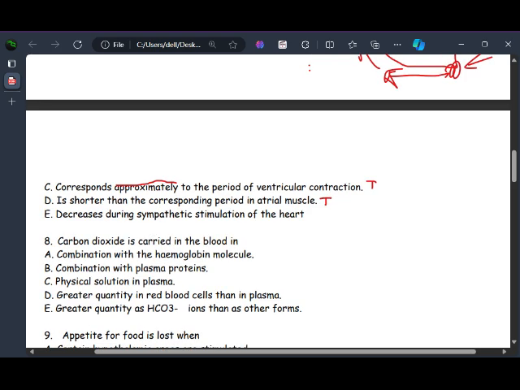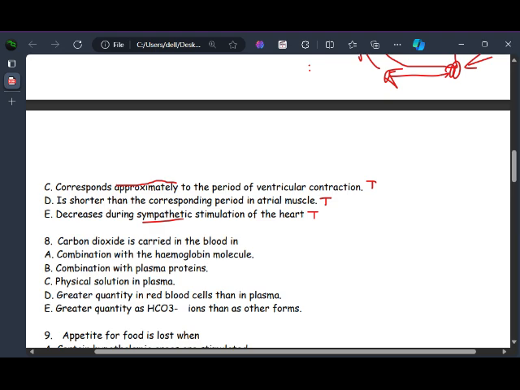All right. And then E, decreases during sympathetic stimulation of the heart. Okay, this is true. The reason is because the absolute refractory period refers to a period where you cannot excite the heart muscle. But during sympathetic stimulation, fight or flight, you want the heart to beat faster. If the heart is beating faster, you have to reduce the period in which the heart is not excitable.